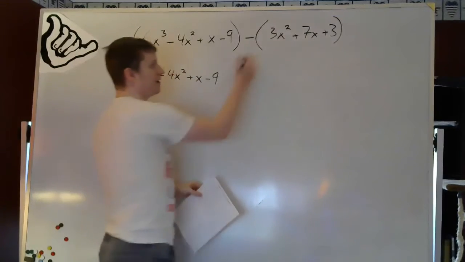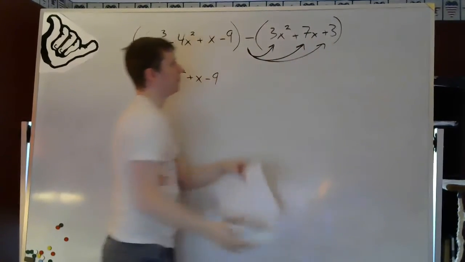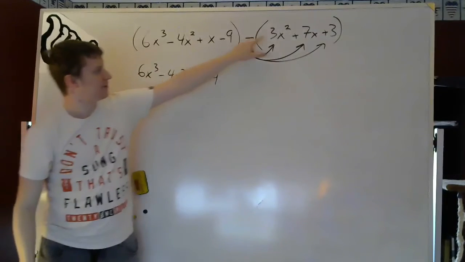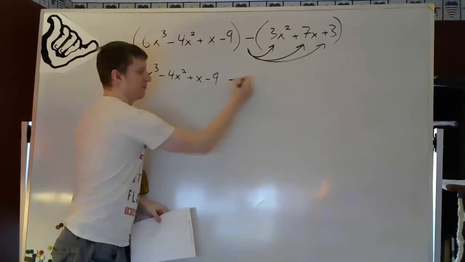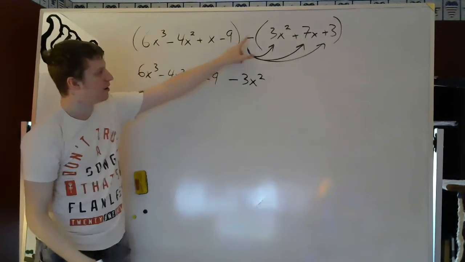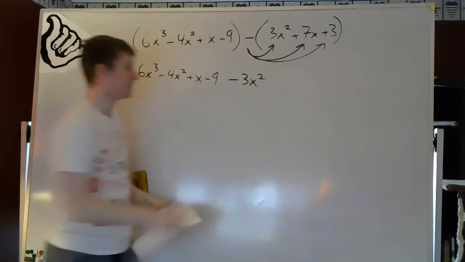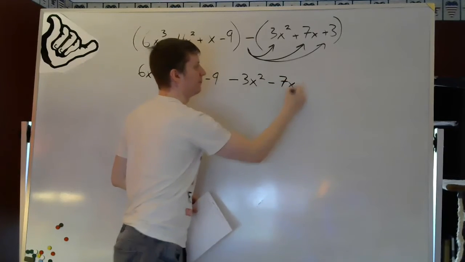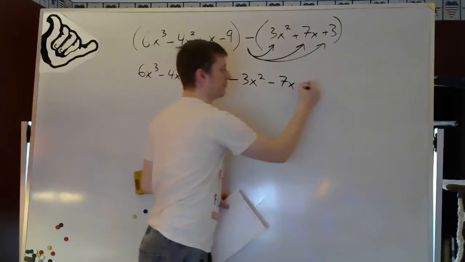When I multiply by negative 1, the signs change. For example, negative 1 times positive 3x squared gives me a negative 3x squared. Negative 1 times positive 7x gives me a negative 7x. And negative 1 times positive 3 gives me a negative 3.